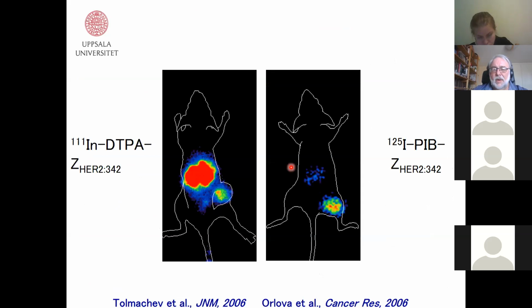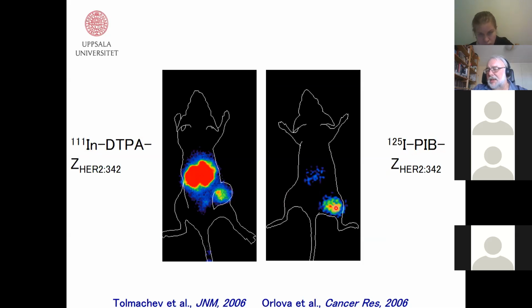Here is one good example. This is the first generation of affibody molecules we worked with. It's a scaffold protein with a molecular weight of approximately 6 kilodaltons, between 6 and 7. We labeled these affibody molecules either with indium using benzyl DTPA or with iodine using para-iodobenzoate.